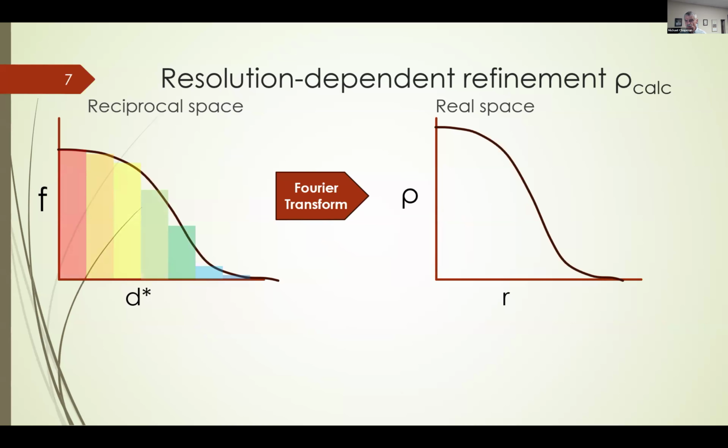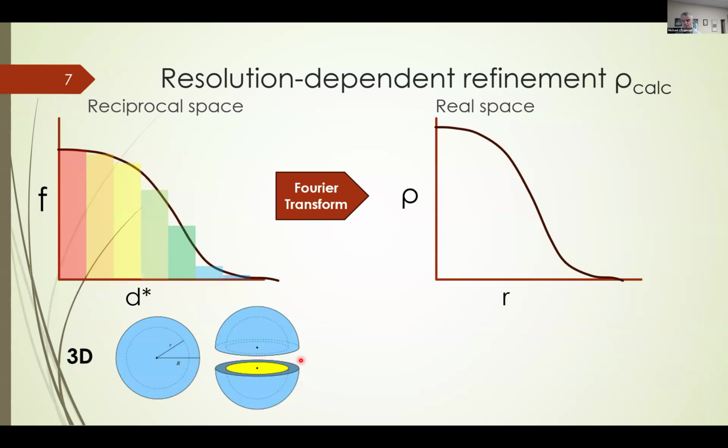I'm illustrating this in one dimension, but in reality, we're using three-dimensional functions to obtain the density in a volume surrounding an atom. And so this here schematically illustrates that when we go from one dimension here, looking like a histogram plot, we go to shells of different scattering profile in 3D space.